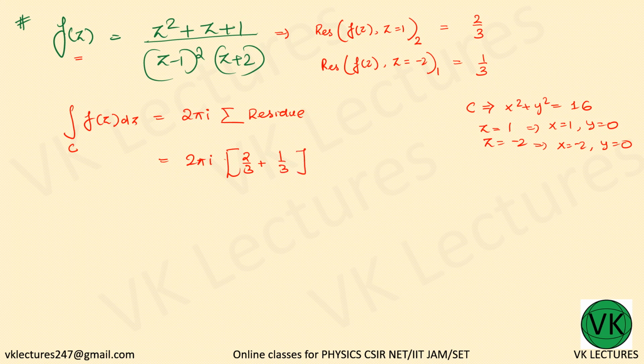So that's equal to 1, that is 2 pi I. So the integral f of z dz over c, where c is a circle with radius 4 given by x square plus y square equal to 16, is 2 pi I.